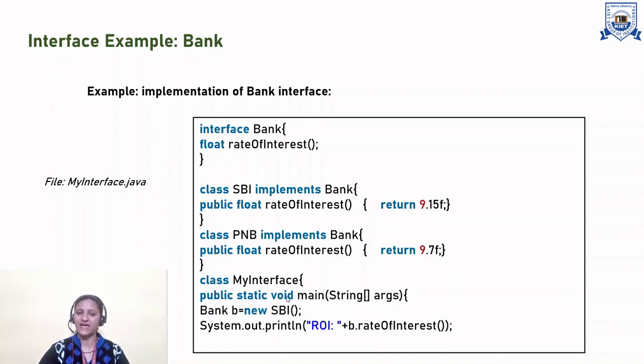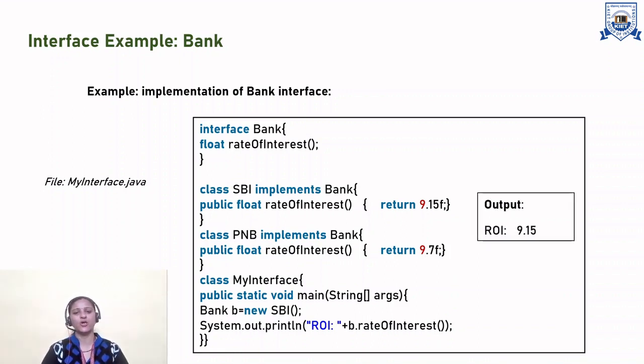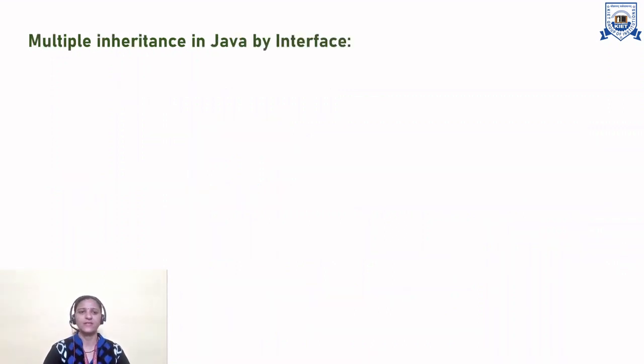So with the help of SBI it got implemented and it will return 9.15. If we make the reference of PNB and then call rate of interest, it would have returned 9.7. As we have made only the object of SBI, it is returning 9.15.